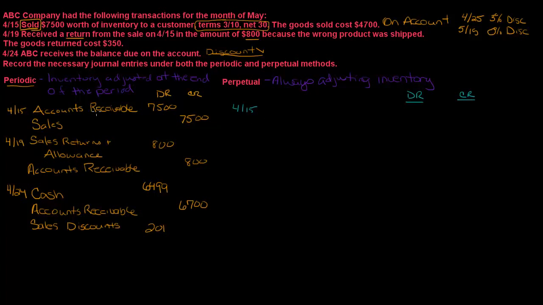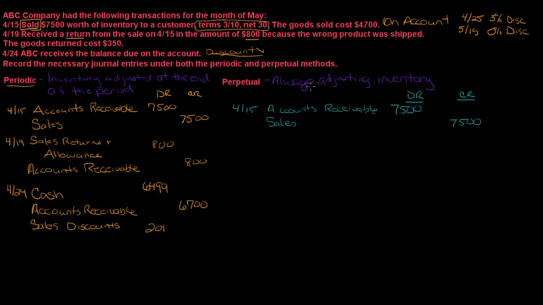My sale, the first part of the sale, is going to look exactly the same: accounts receivable and sales. Let's put in our numbers, because we already know what the numbers are going to be: 7,500 and 7,500.